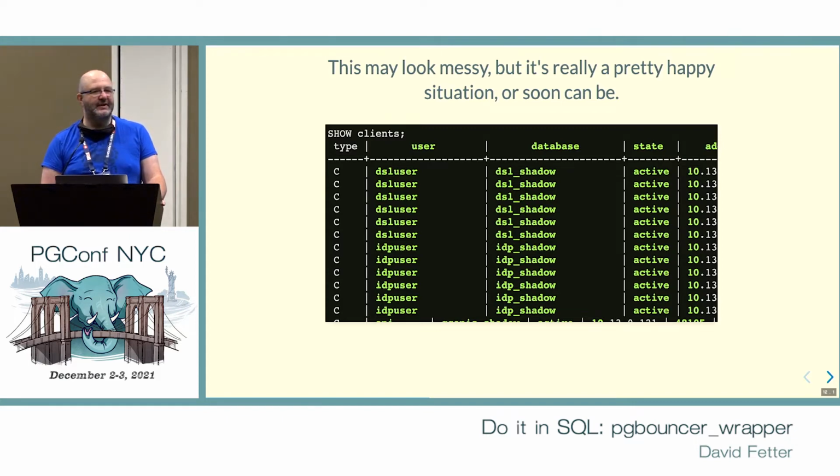PGBouncer output. Who else has used PGBouncer by itself? Okay, so you probably have seen this console, like you probably have fired up your favorite SQL or your favorite Postgres command line client, and you can go to talk to PGBouncer itself, and you can see stuff like this.